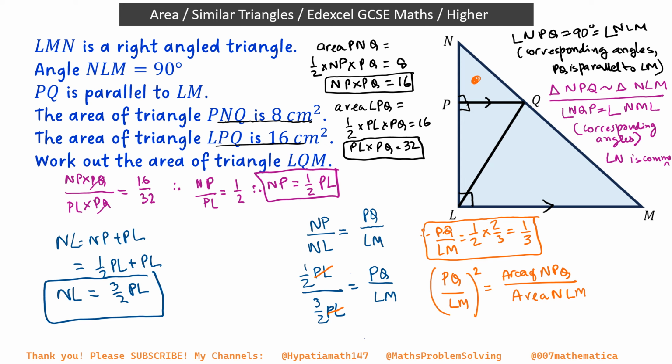We know PQ out of LM is 1 out of 3, so the square of that, 1 out of 9, is equal to the area of NPQ, which we've been given, that's 8, divided by the area of NLM. So from here we get the area of NLM, the large triangle, is 72 centimeters square.